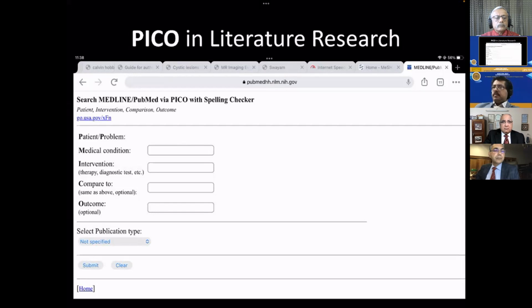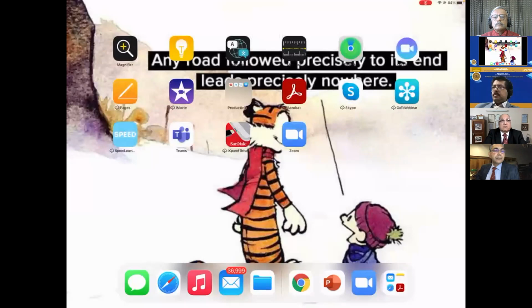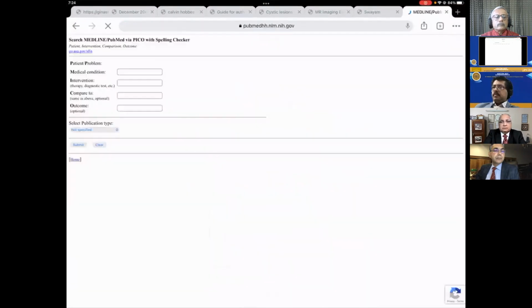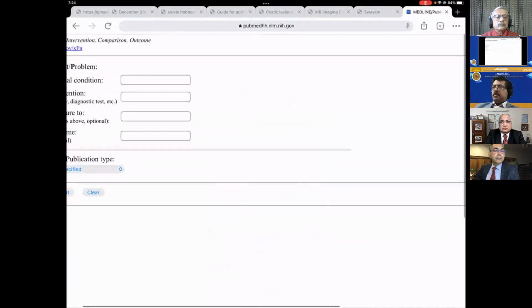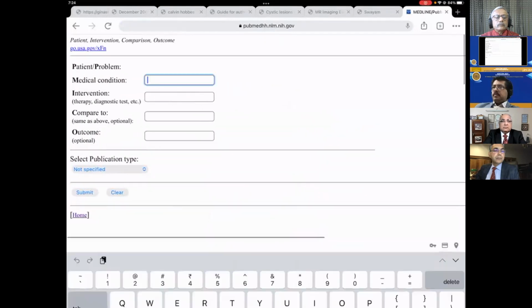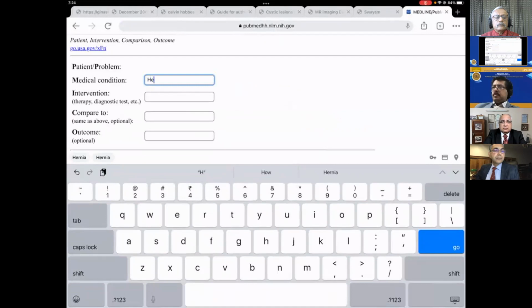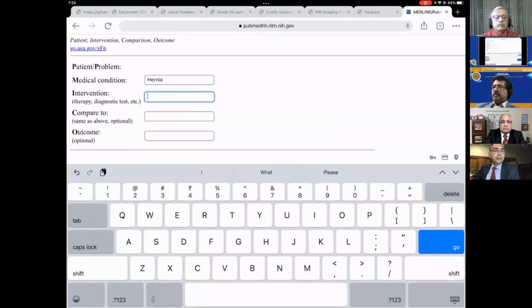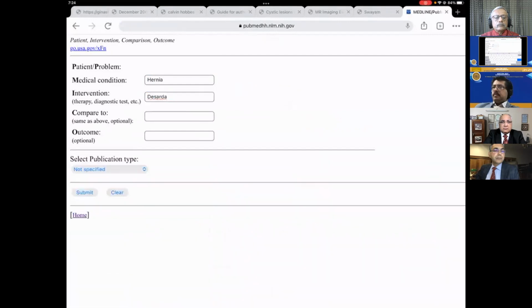For that, what I do is I go to Google and search for the PICO search in PubMed. As you can see, it opens up a page, and in this page, it looks like a calculator for all of us. I will type in the condition called hernia. I will put the intervention as Disarda.